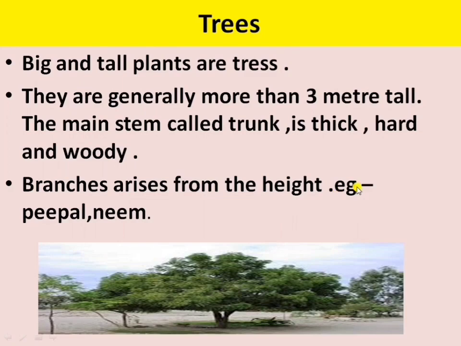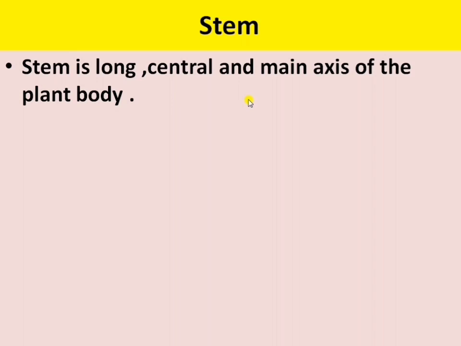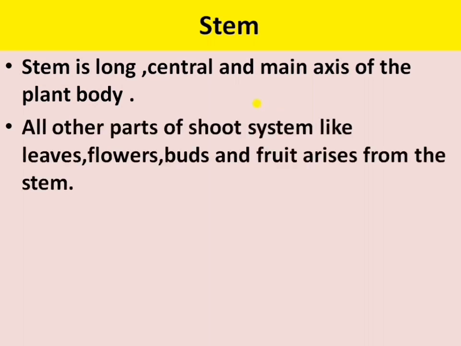Moving on, our fourth topic of this video is stem. What do you understand by the term stem? The stem is the long, central, main axis of the plant body. All the parts of the shoot system, like the leaves, flowers, buds and fruits, arise from the stem.